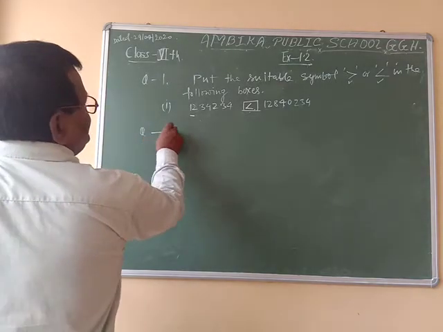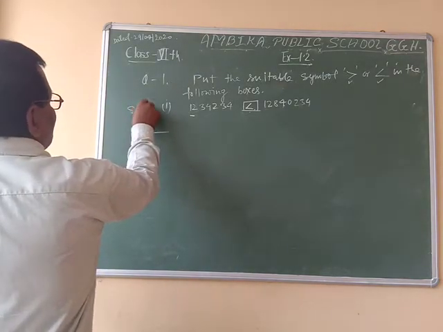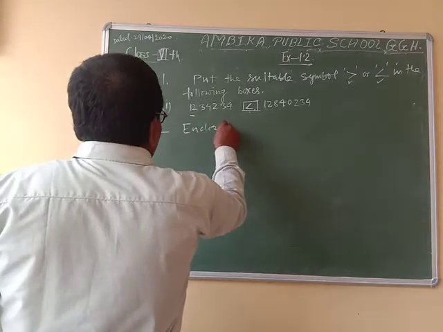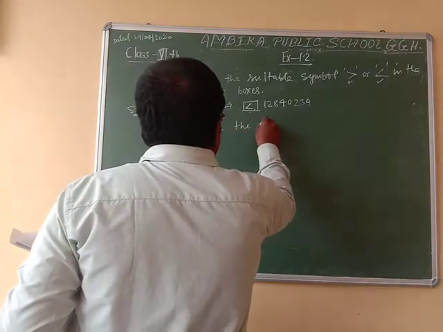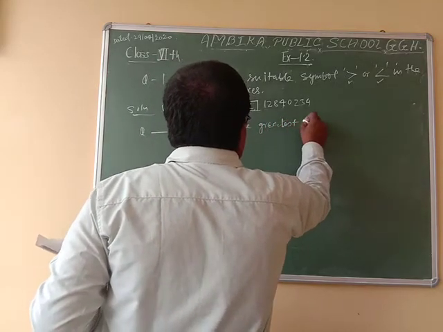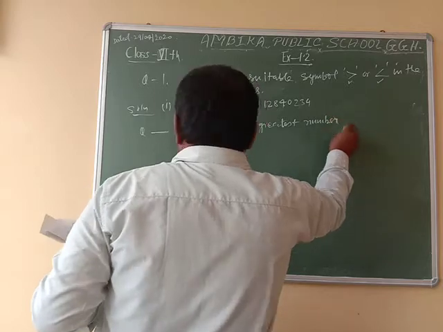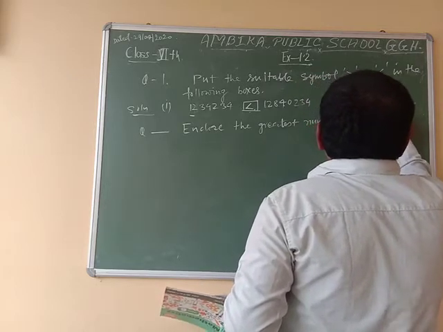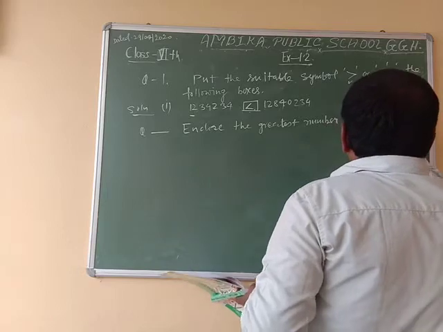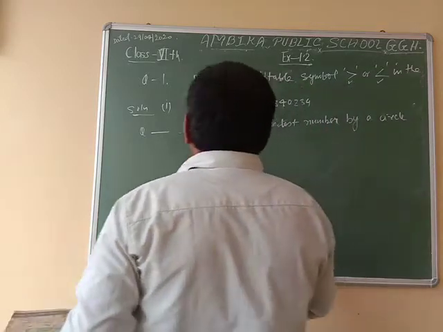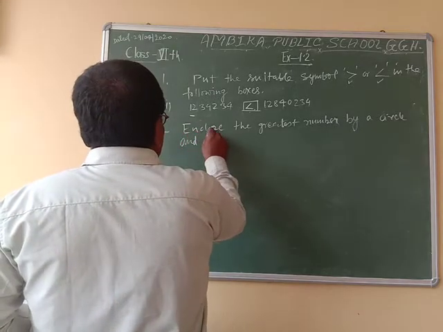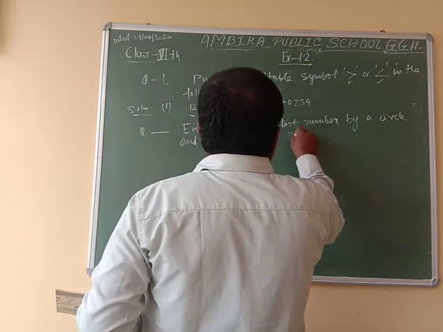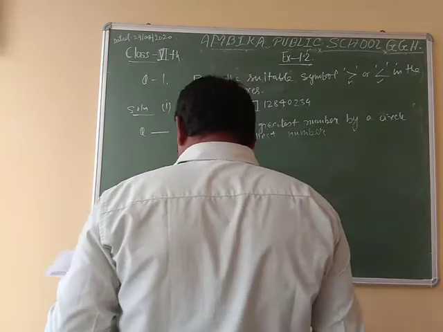Question number 2: enclose the greatest number by a circle, and the smallest number by a rectangle.